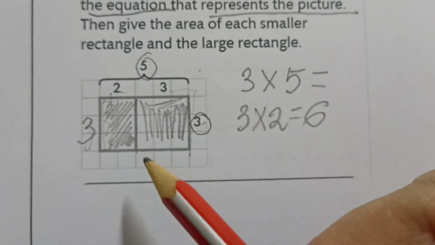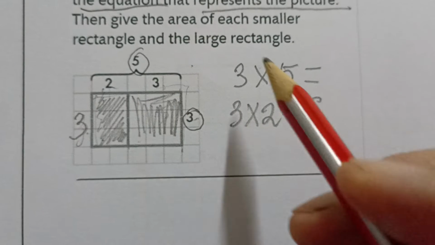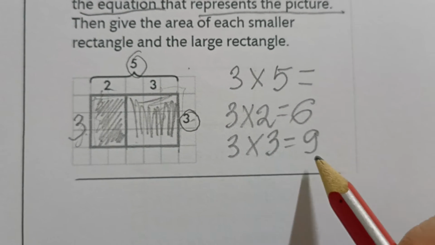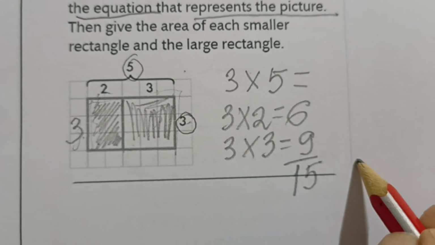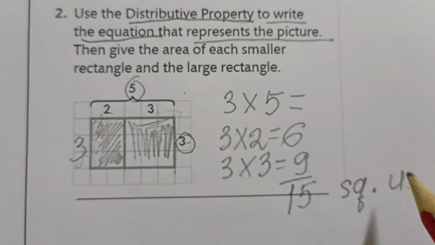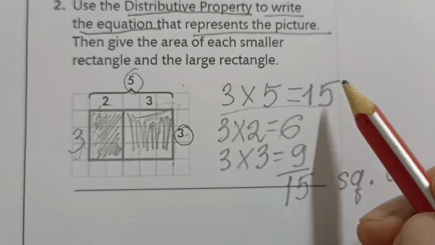The second rectangle is going to be 3 times 3. It's going to be 9. Together, 15. Don't forget to write square units, okay? And here you can see that 3 times 5 is also 15.